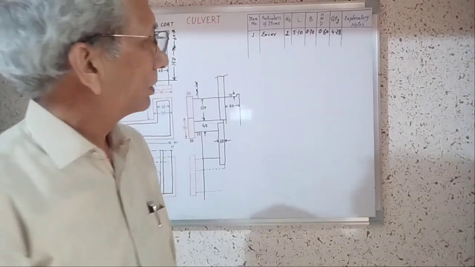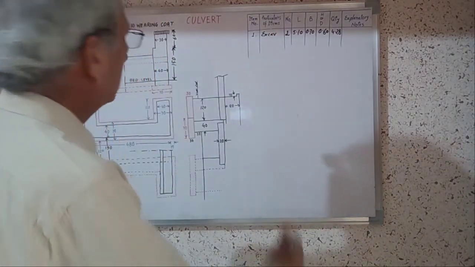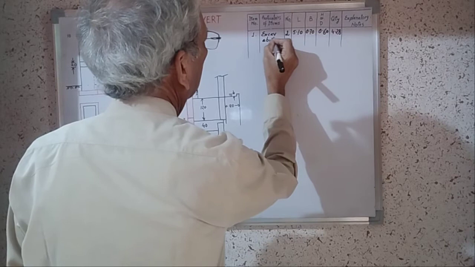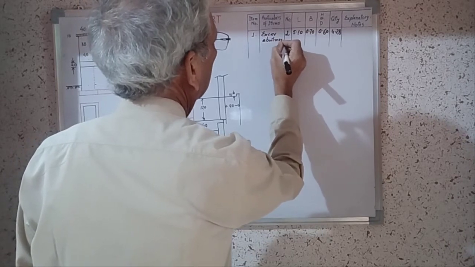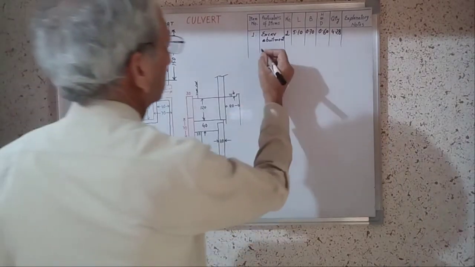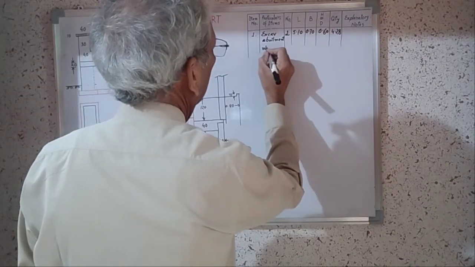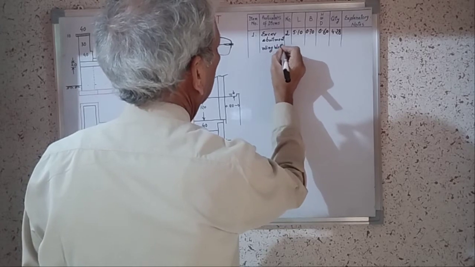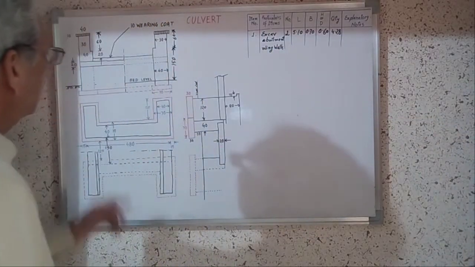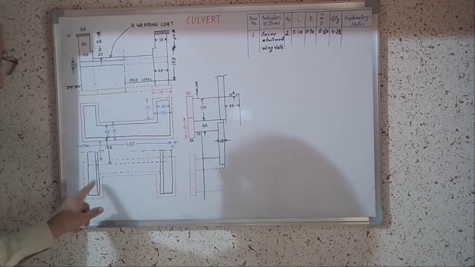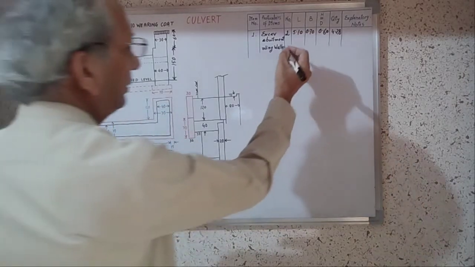Now this is for abutment. Now, wing walls. There are 4 number of wing walls: 1, 2, 3, 4. We will write 4 number.